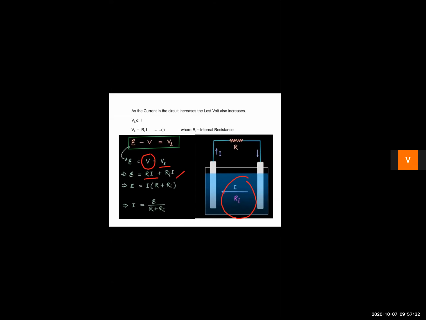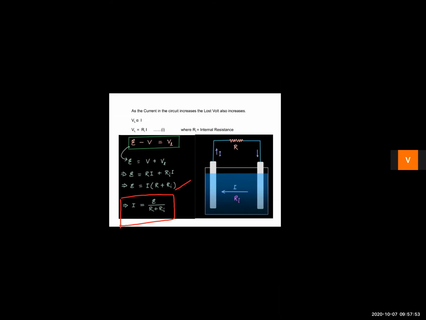Now taking I common, we will get R plus Ri. So R plus Ri is the equivalent resistance for series combination. Simple addition in series combination होता है ना बेटा. So if we make I subject of formula, I equals E upon R plus Ri.